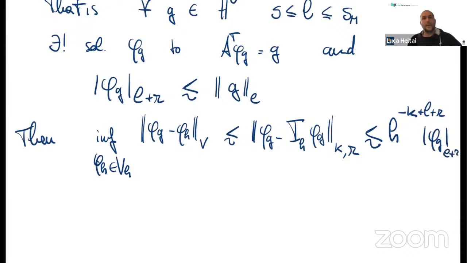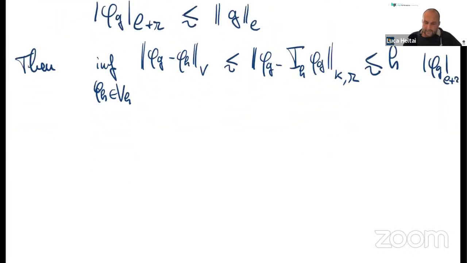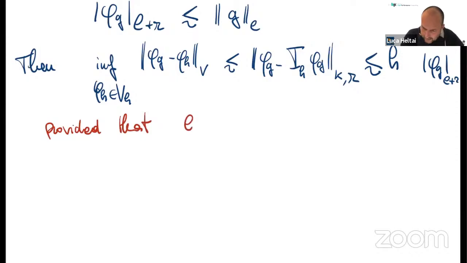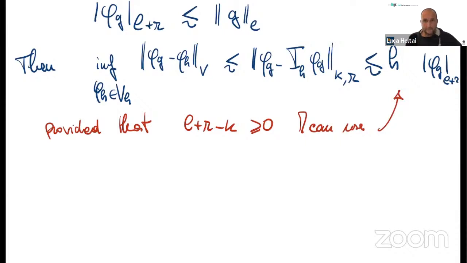And if I look at this guy over here at this point, provided that L plus R minus K is greater or equal than 0, I can use this. Okay. So if I have something which is greater than 0 in terms of L plus R minus K, then I can use this.